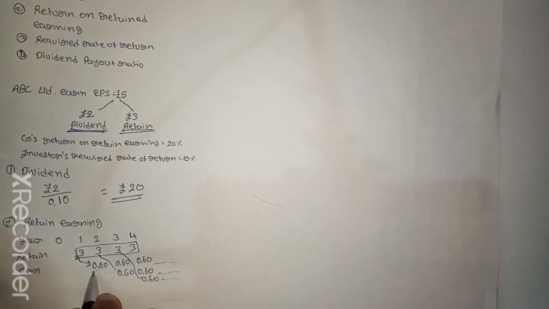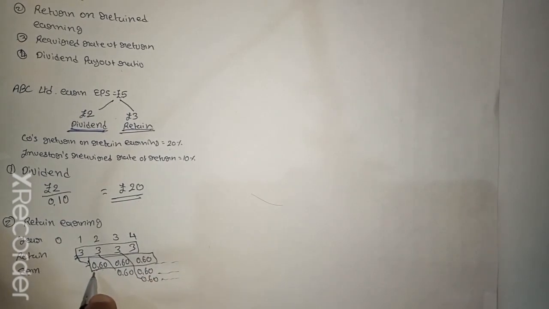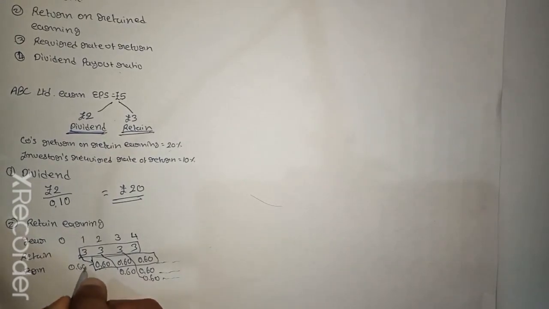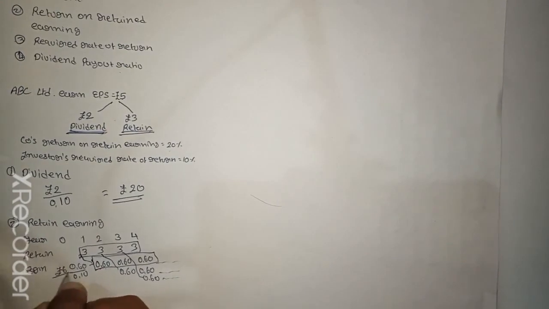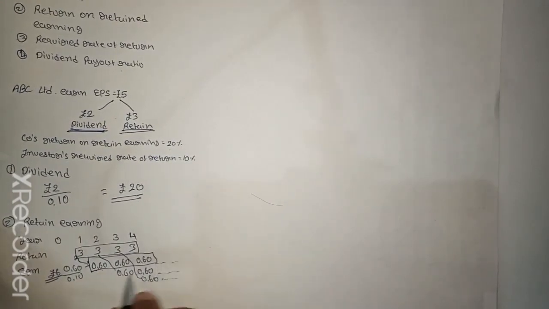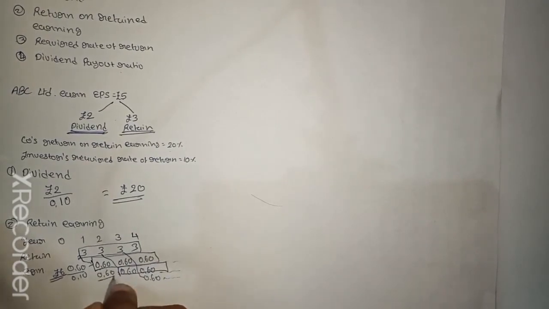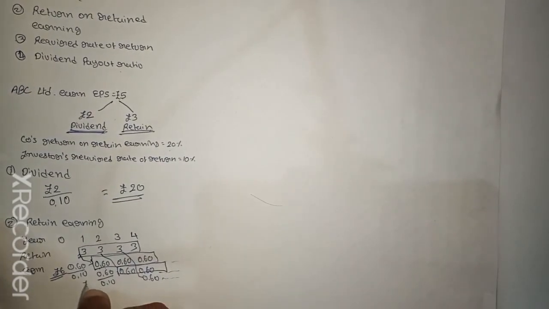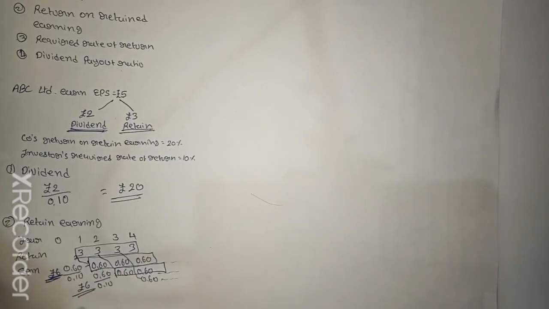So what is the value of this 0.60? It is perpetual, so we can capitalize it. 0.60 divided by 0.10 is rupees 6. So we can say that rupees 6 value is added by the company every year.